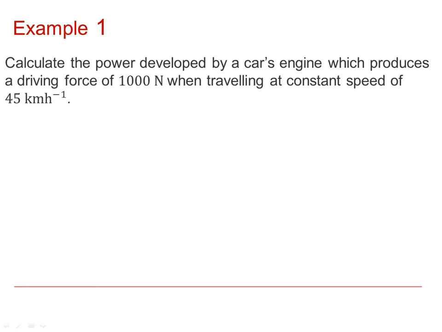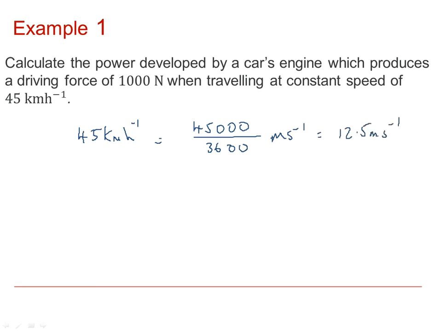Firstly, we need to convert 45 kilometers per hour into meters per second. We do that by the usual method. 45 kilometers is 45,000 meters and an hour is 3,600 seconds. That gives us a value of 12.5 meters per second.